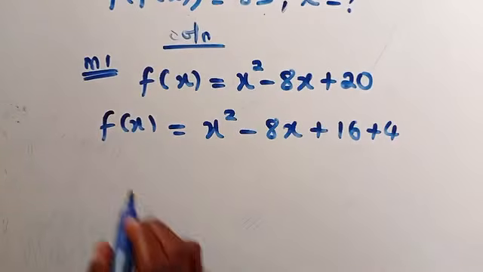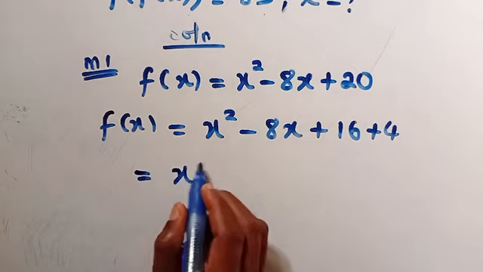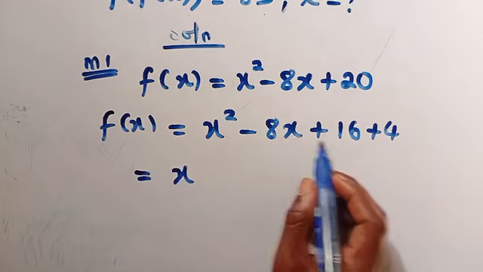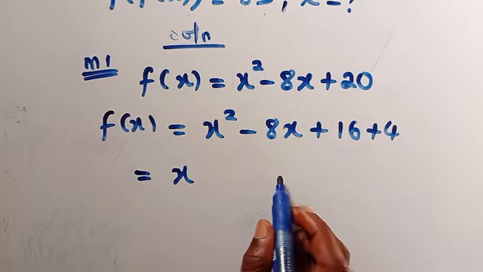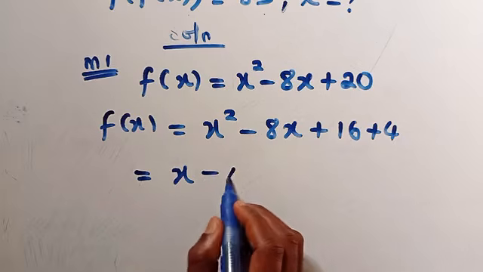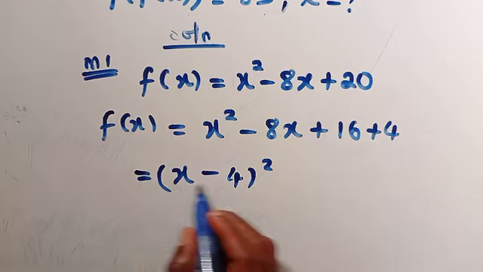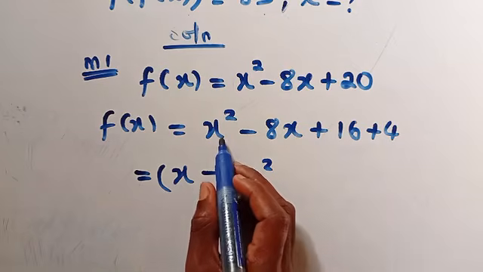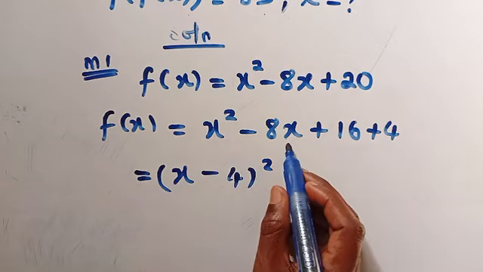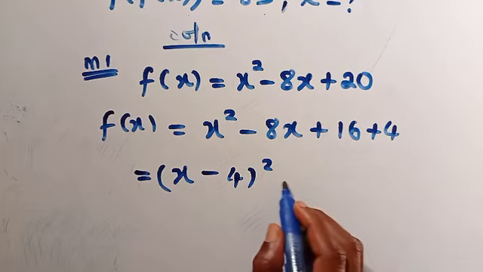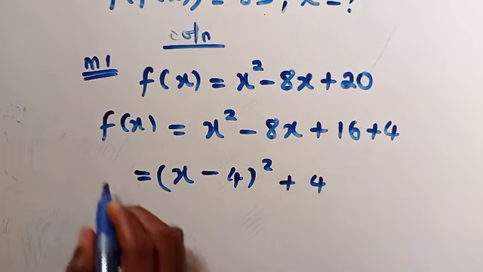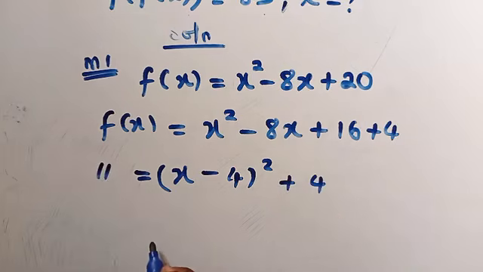And then we have x squared minus 8x plus 16, which gives us x minus 4 raised to power 2. When we expand x minus 4 raised to power 2, it gives us x squared minus 8x plus 16. Then here is plus 4. This is the result of f of x.